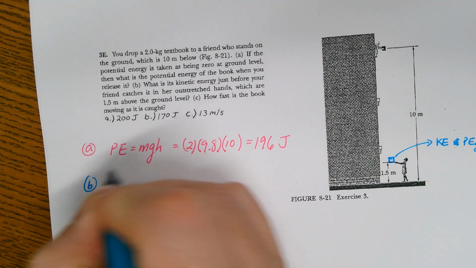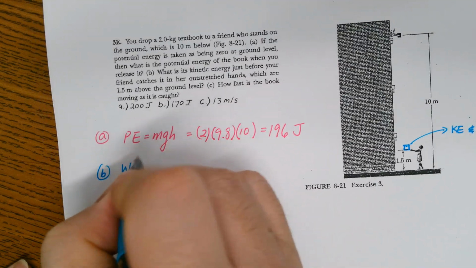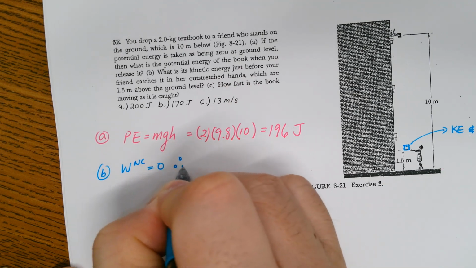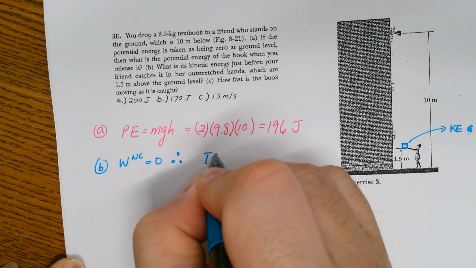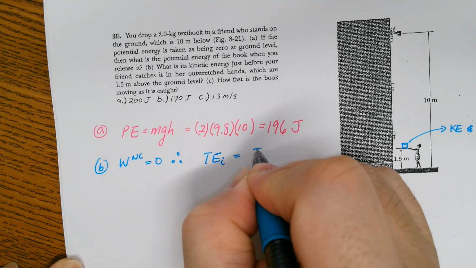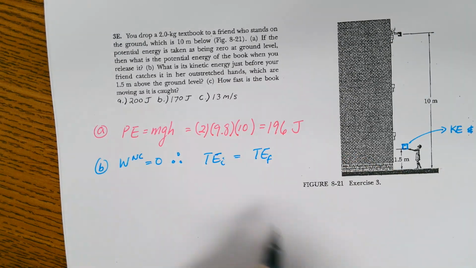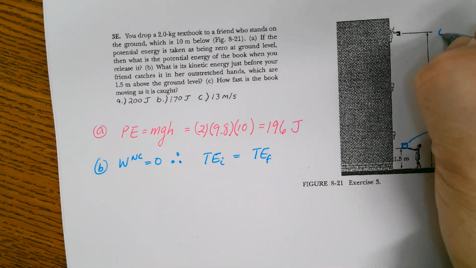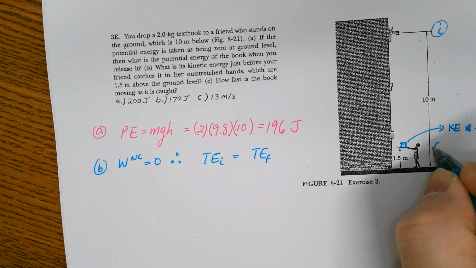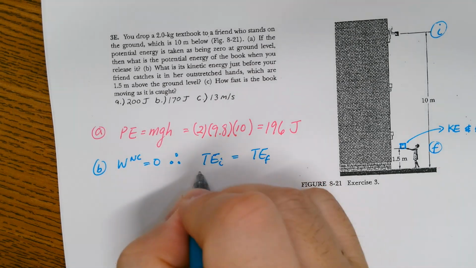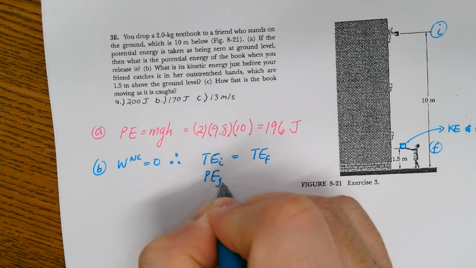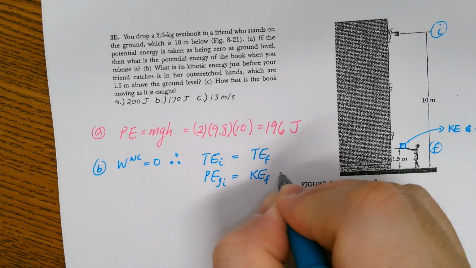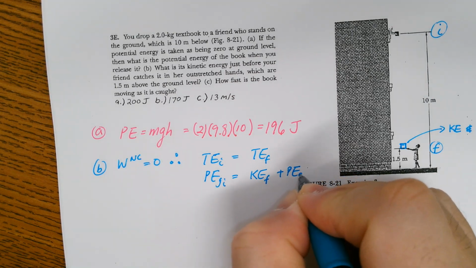So for part B, work done by non-conservative force is equal to 0. Therefore, the total energy initial is equal to the total energy final. This is the initial, and this is the final. Initially, I only have gravitational potential energy. Here, finally, I have kinetic energy final plus the gravitational potential energy final.